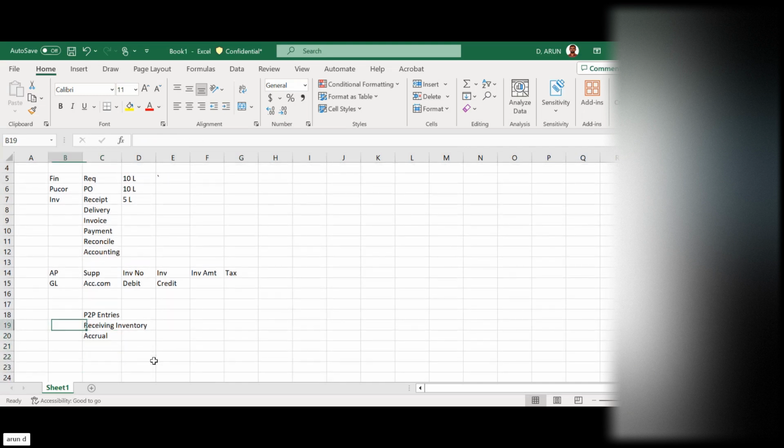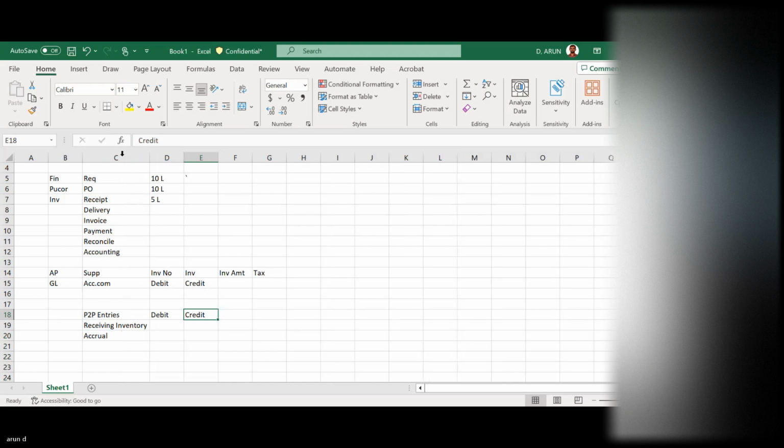Later I'll explain where we are pulling these accounts from. I'll put this as debit and credit, so this would be my debit and this would be credit. This would be my first journal entry that the system will generate. As I said, when we create the receipt, the accrual entry will open, and when we invoice it, this will be closed.